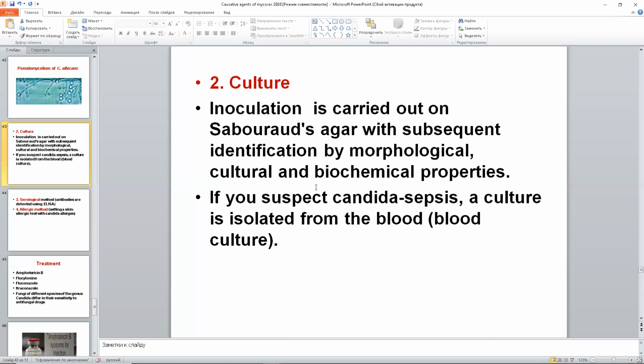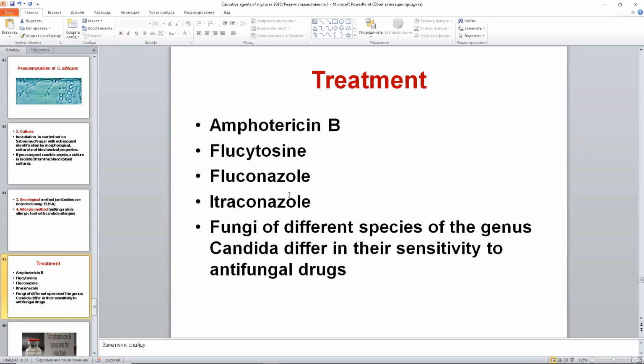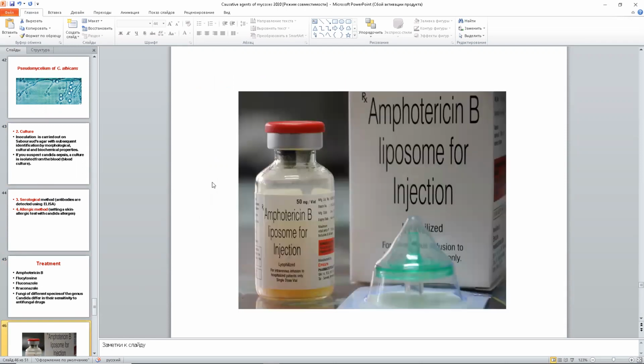We have to realize what medicine this pure culture of fungi is sensitive to. Many medicines should be tested, and finally we should realize which one is the most effective. So different preparations, but anyway, the sensitivity test should be done. Otherwise, it will be ineffective, just a waste of money and time.